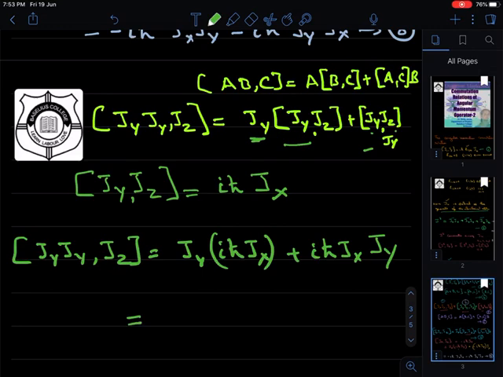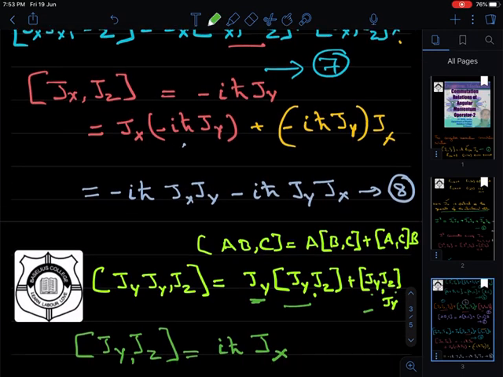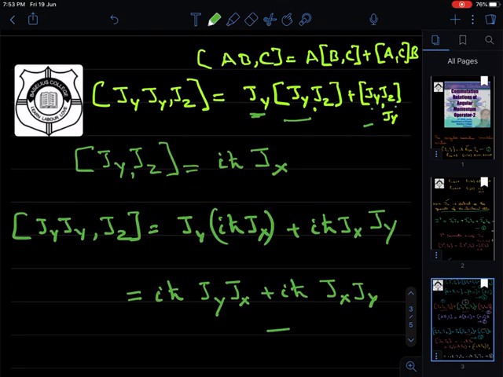So I'll write more neatly as equal to iħ, so it's a constant, so operator position is very important, as I am telling again and again, jy jx, plus iħ jx jy. So this is equation number 9.